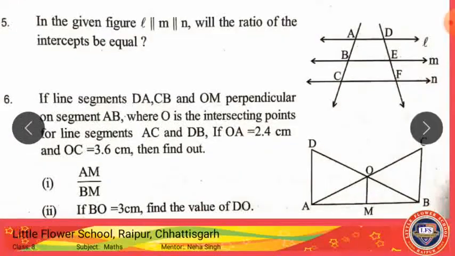Moving on to the fifth question. In the given figure, L parallel to M parallel to N, will the ratio of intercepts be equal? See, L, M and N are parallel to each other, and the intercepts AB, BC, DE and EF, will they be equal?